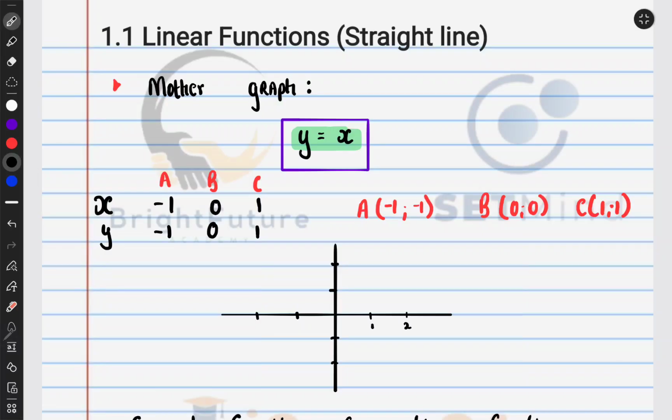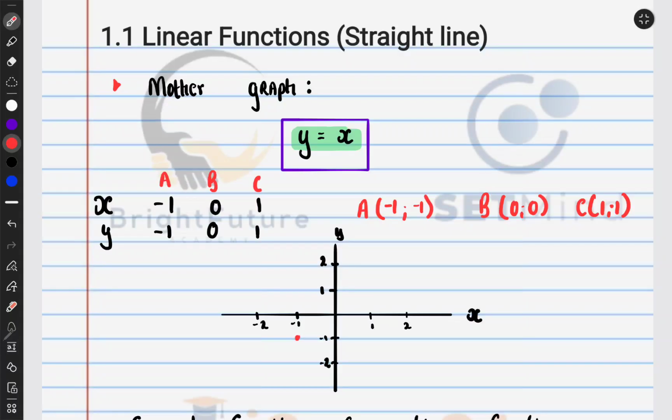So this is going to be 1, 2, -1, -2, and this is our y-axis, and these are your x-axis.